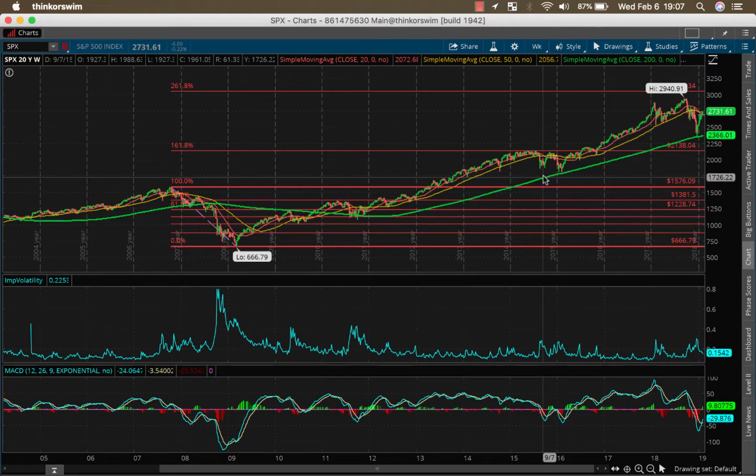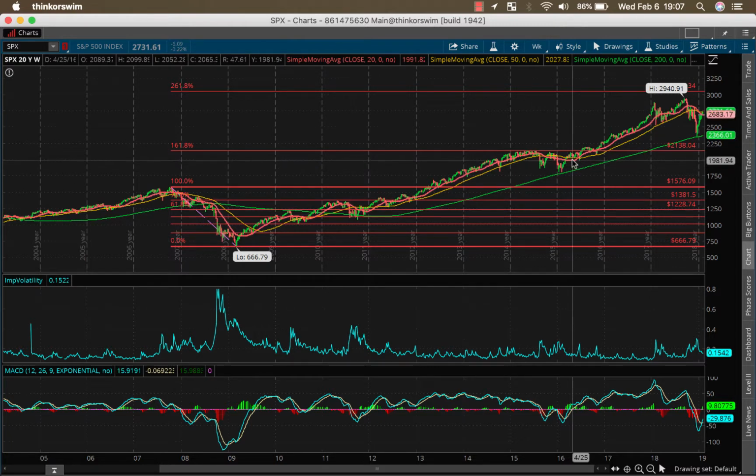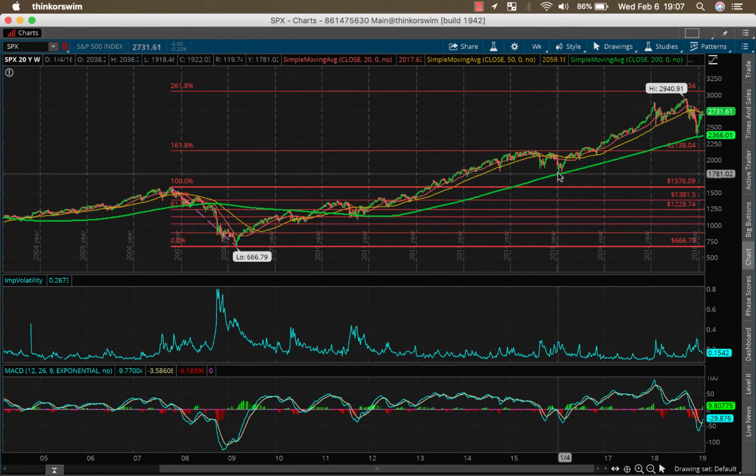These lines here, the green line here, that's the 200-day moving average. The red line up above is the 20, and the yellow is the 50. Those are the three moving average lines that I like to use.